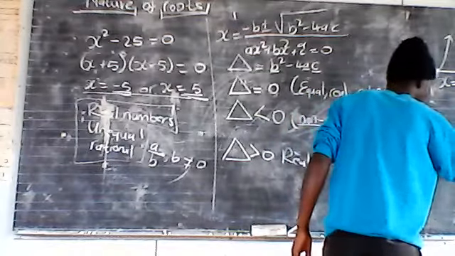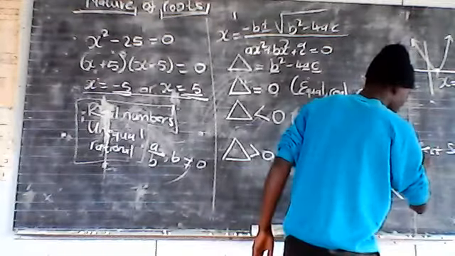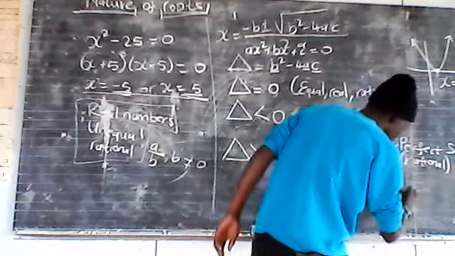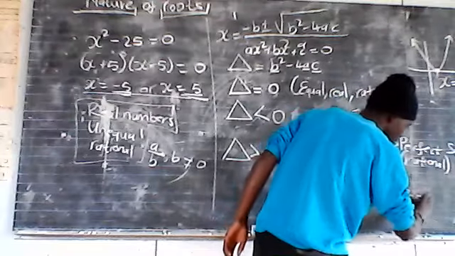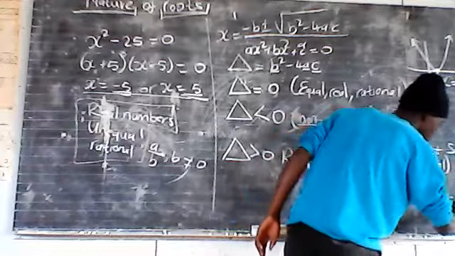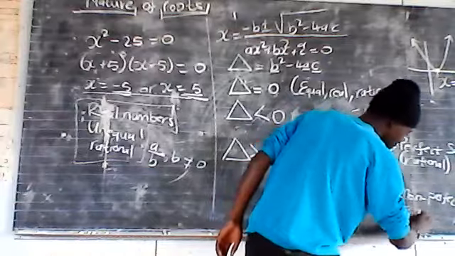A perfect square. So when you are having a perfect square, your roots will be rational. Unlike when you are having a non-perfect square. When you are having a number which is a non-perfect square, your roots will be irrational.